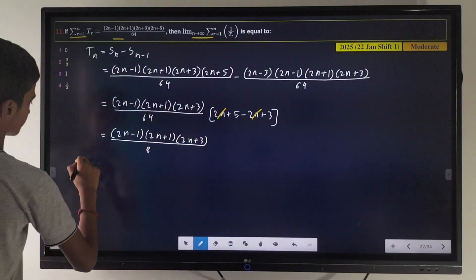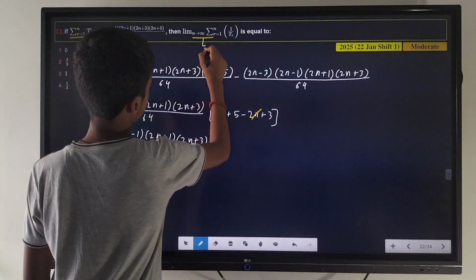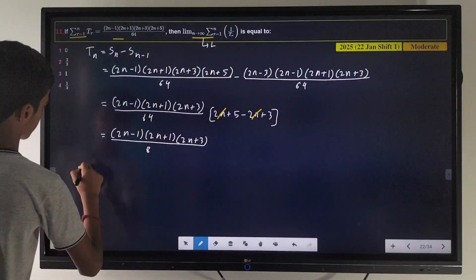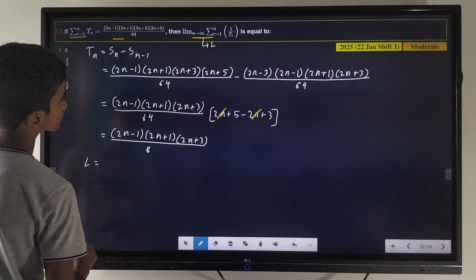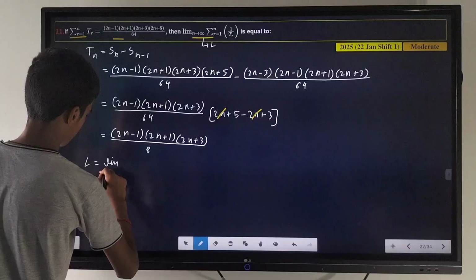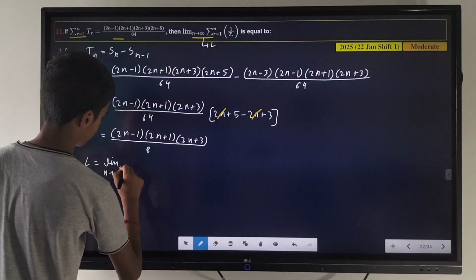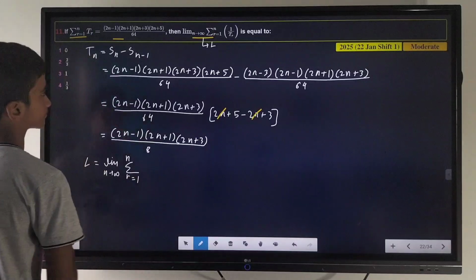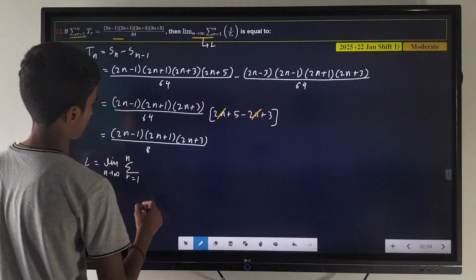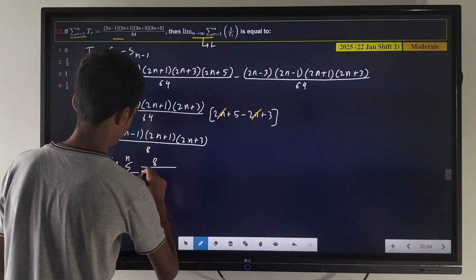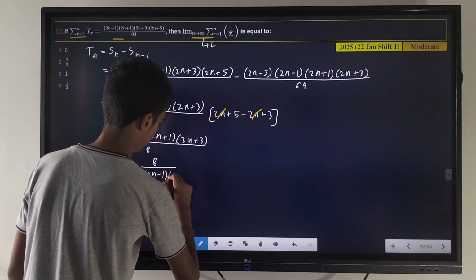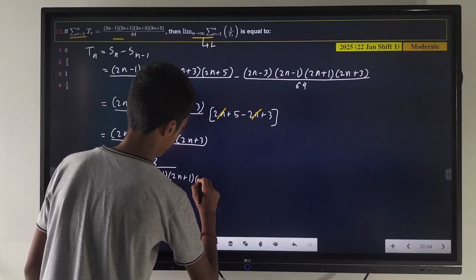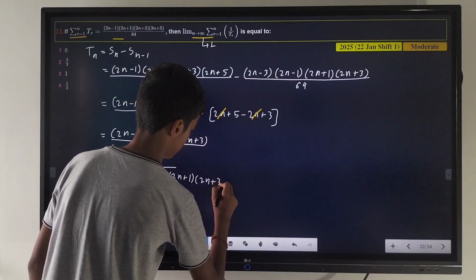Now our required limit, let's say this limit is L. Our L is equal to limit n tends to infinity, sigma r is equal to 1 to n, 1 upon tr. So 8 upon (2n minus 1)(2n plus 1)(2n plus 3).